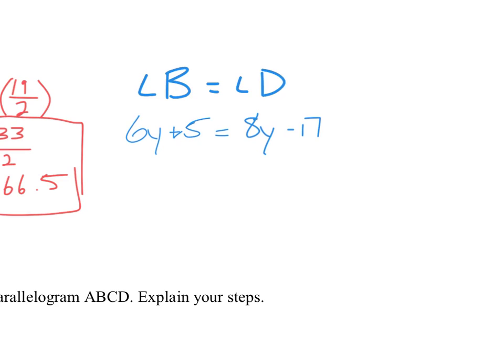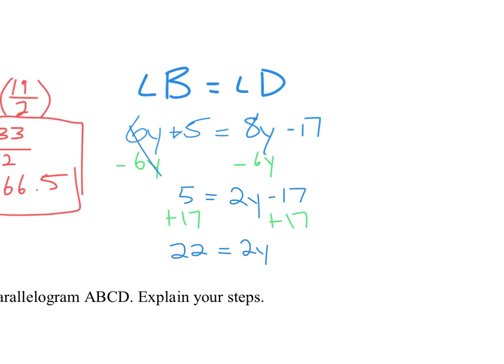We're going to subtract 6y from both sides. Move that over first. So we get 5 equals 2y minus 17. Add 17 to both sides. We get 22 equals 2y. Last step, divide by 2.